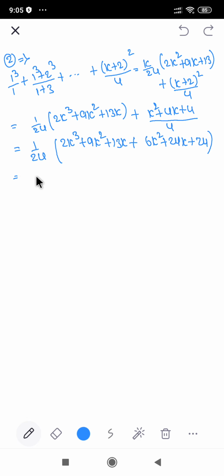This is equal to 1 by 24 into 2k cube, 9 plus 6 is 15k square, plus 13 plus 24 is 37k, plus 24.